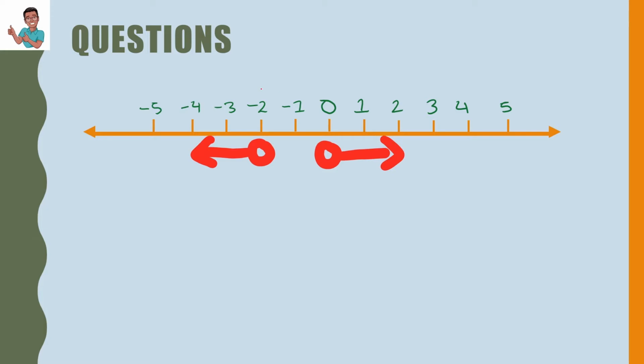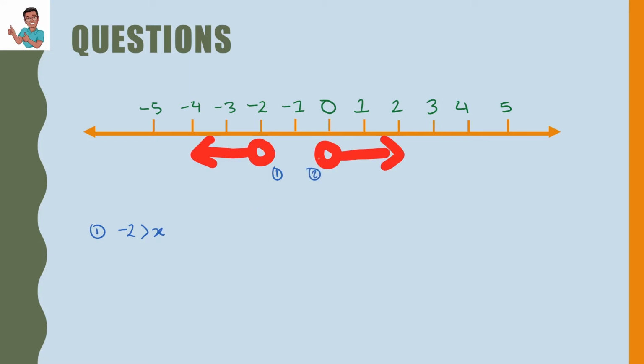Here we can see that the circle is under -2 and it's not shaded. So we know that -2 has to be involved. We can see the direction is moving this way, therefore x has to be less. So -2 is greater than x. Let's move on to the second part.